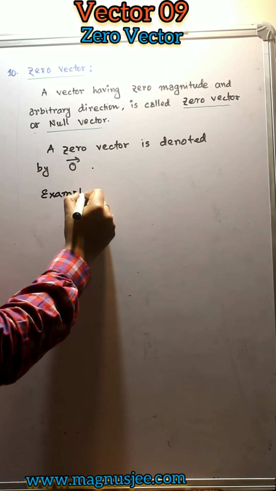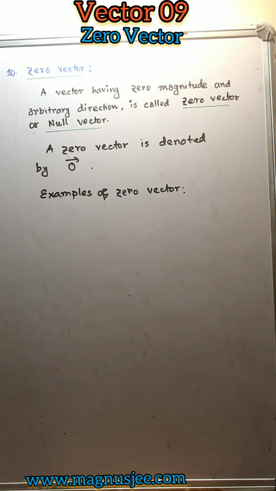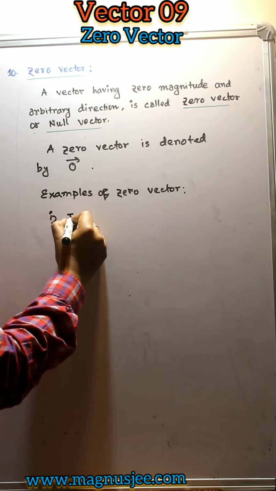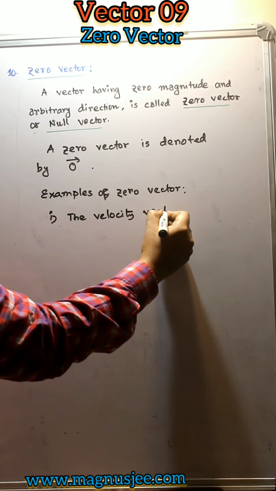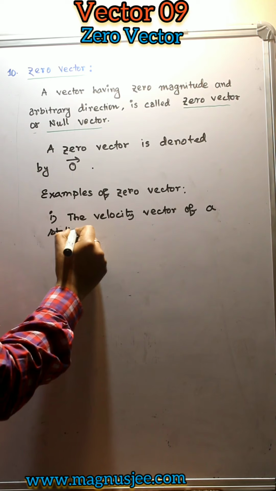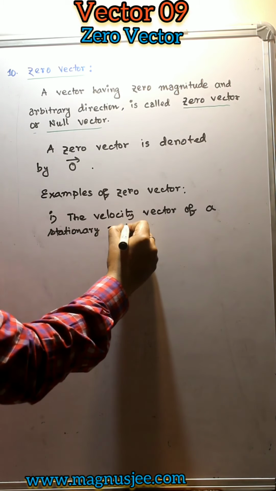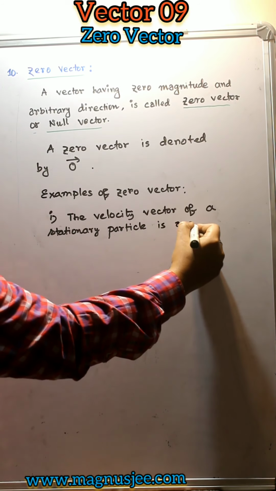Examples of zero vector. Number one, the velocity vector of a stationary body or particle is a zero vector or null vector.